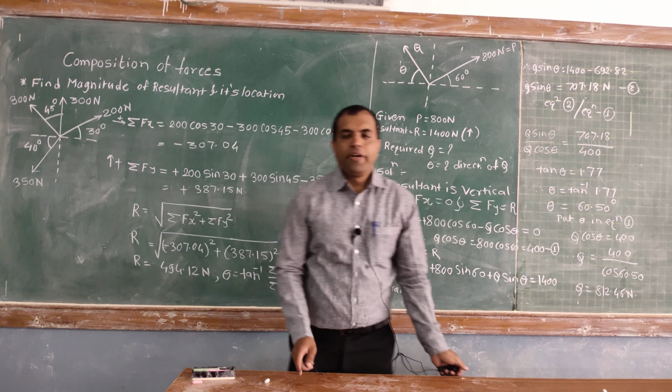In orthogonal resolution, we resolve the forces perpendicular to each other, meaning the angle between the two components of a single force is 90 degrees. But in resolution of forces by the skew method, the components are not at 90 degrees to each other.